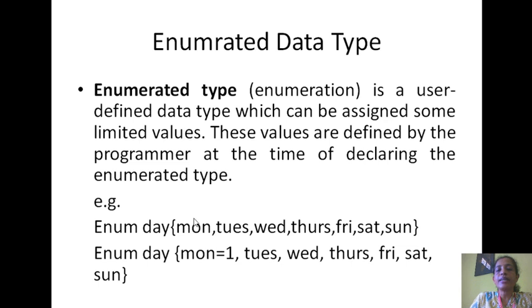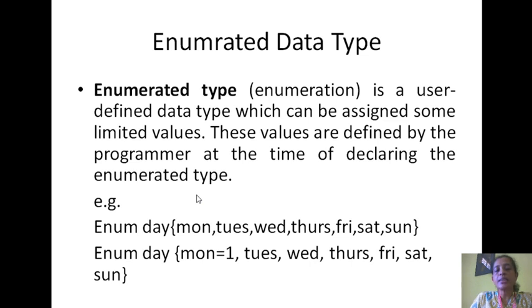We can define the values as Monday, Tuesday, Wednesday, Thursday, Friday, Saturday and Sunday. So the user can define the order of the values. If we define one variable with the day data type, then the value of that particular variable will be within the range from Monday to Sunday.